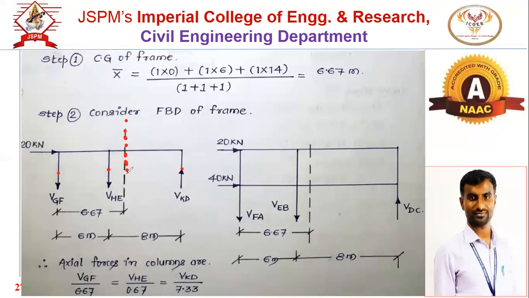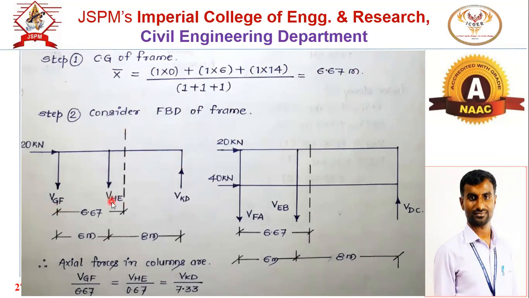The axial forces on either side, if they are tensile away from the joint, then on the other side they will be compressive. Total tensile forces should be equal to total compressive forces. That is the logic. So if I consider these two forces downward, meaning away from the joint, that will be tensile.